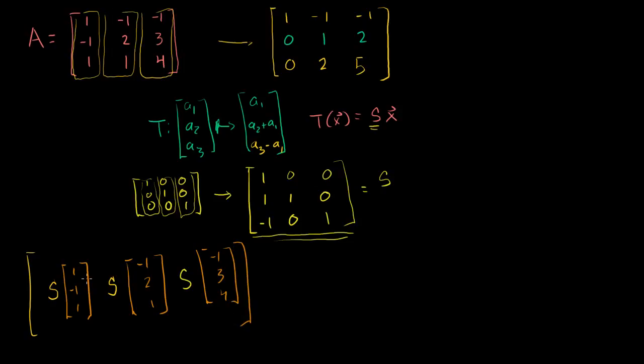This product, we now know we're applying this transformation. This is S times each of these column vectors. That is the matrix representation of this transformation.